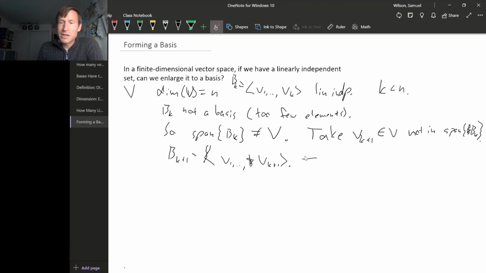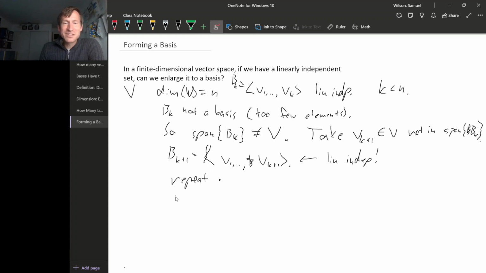So now we know that b sub k plus 1 is linearly independent. Well, look, now we're back where we started. We have a linearly independent collection. K plus 1 might not yet be big enough, so we can just repeat the whole process.